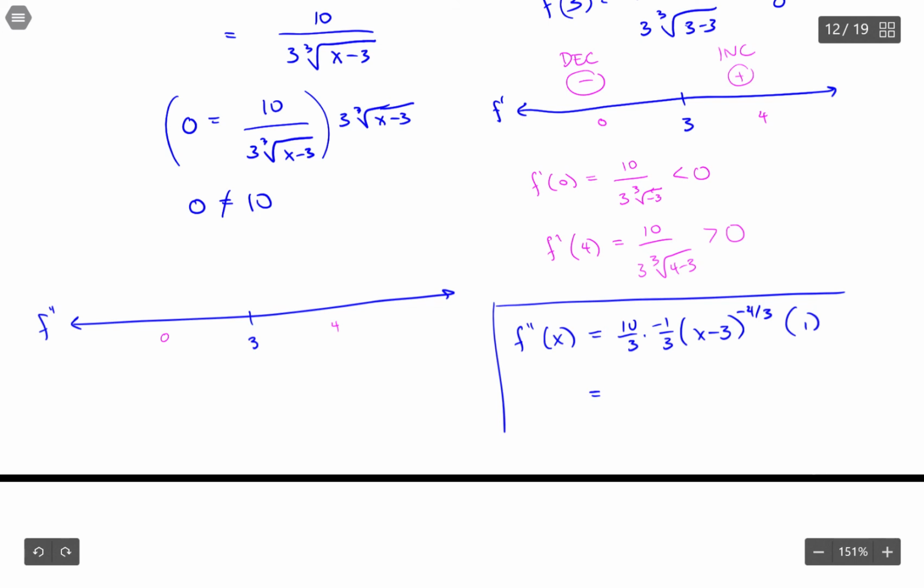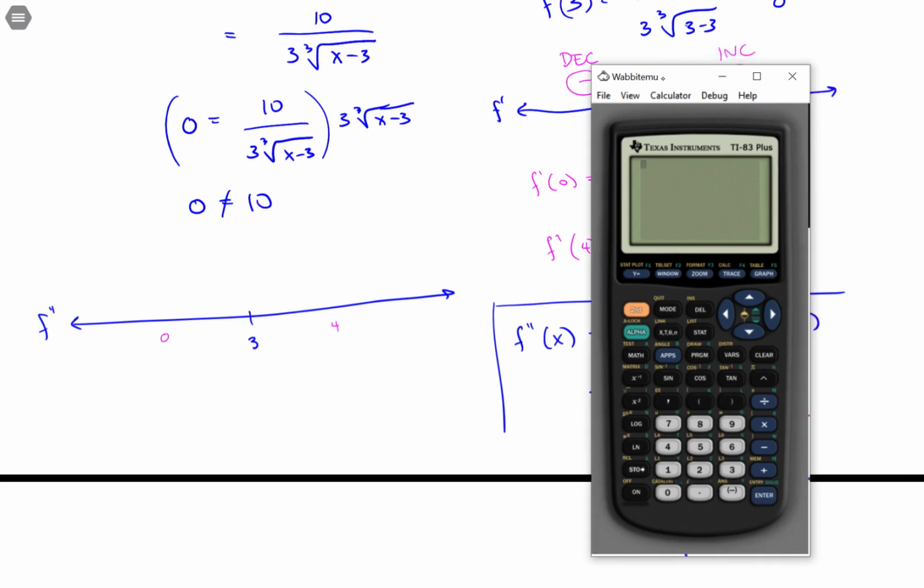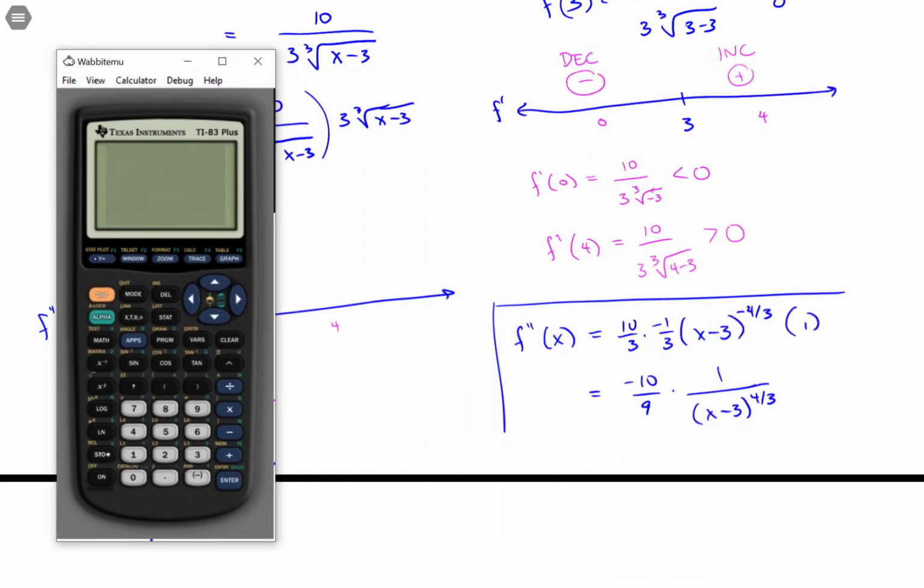So that gives me -10/9, and I'll just say times 1 over x minus 3 to the positive 4/3 power. Okay, so don't be intimidated by that positive 4/3 power. Your calculator can handle that just fine.